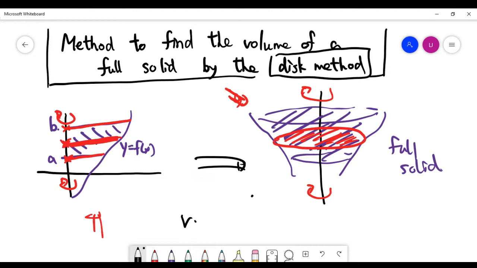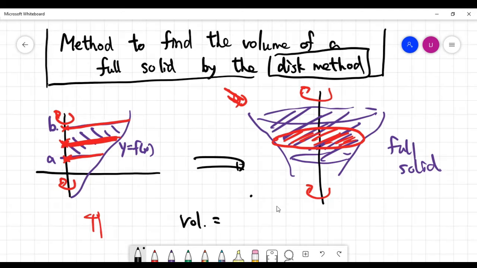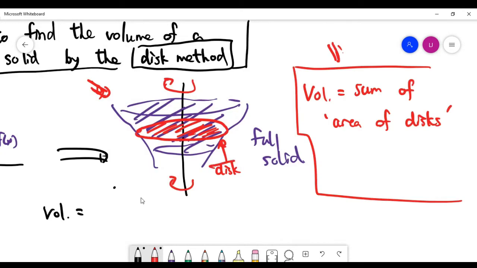You see, the fact is that the volume formula first. If you recall the fact that we can think of the volume as the sum of the area of such disks, right? But now, please see the position of the disk. It is located horizontally, which means that the lowest most disk is the disk here, which is based on the point A here on the y-axis, and the uppermost disk is here, right?